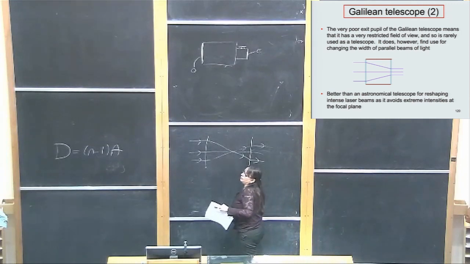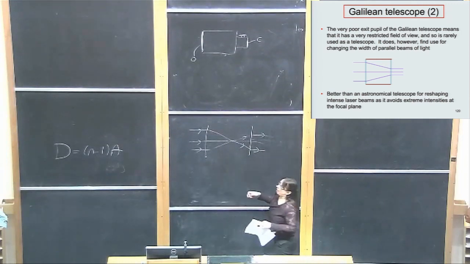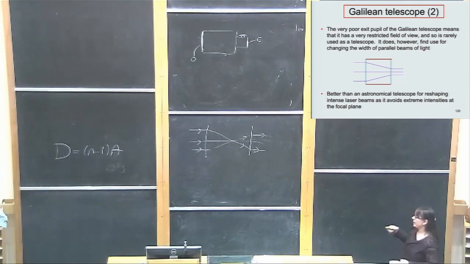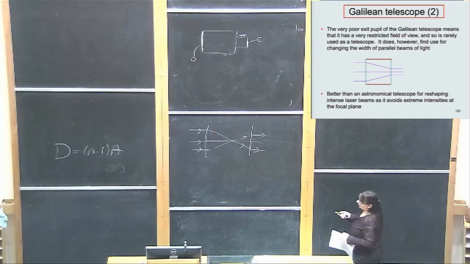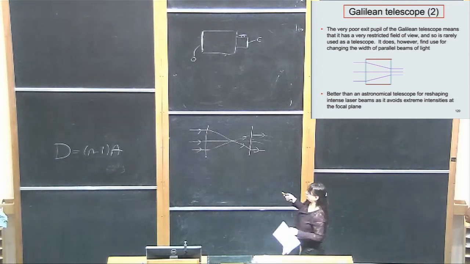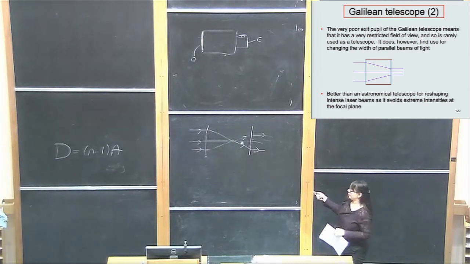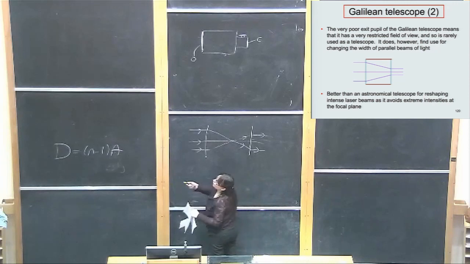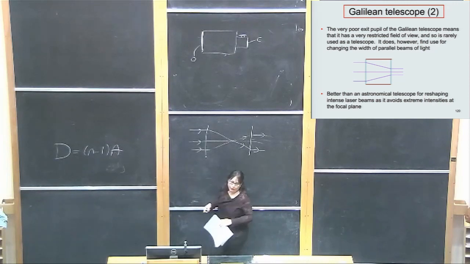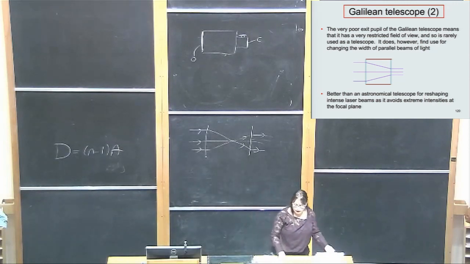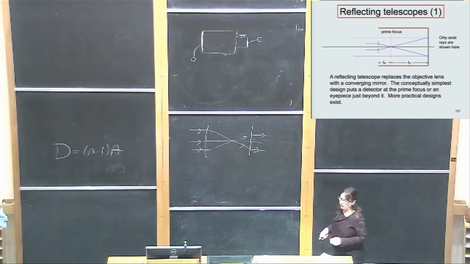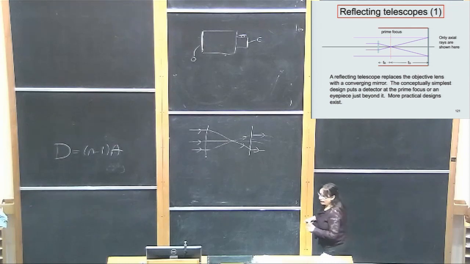But the main thing is that if you have very intense light beams, which you may do, very powerful lasers, then it turns out that the electric fields are so strong that you really do not want to bring them to a point. You'd get such an intense beam that it would basically rip the air apart, right? It would ionize the air. So this sort of thing is very useful, particularly if you're working with very strong, very intense light sources. Okay, so that was refracting telescopes.